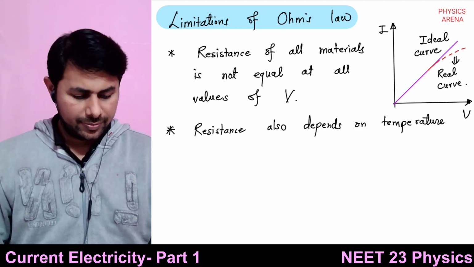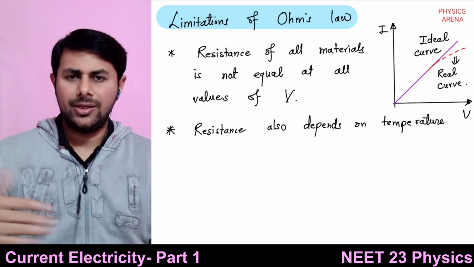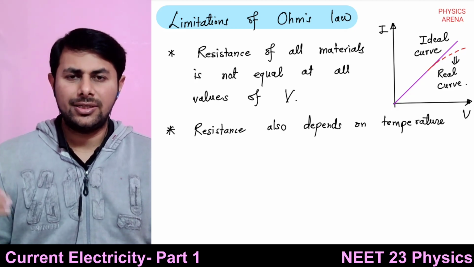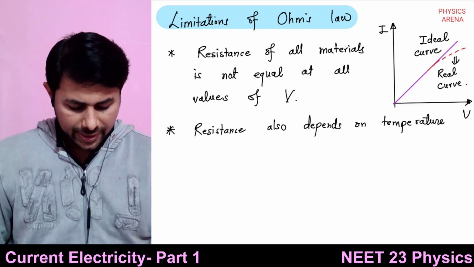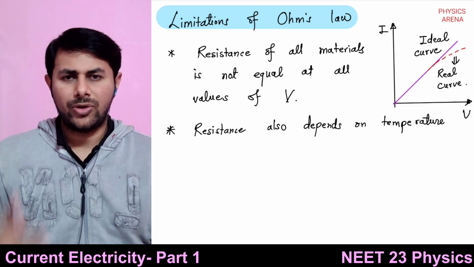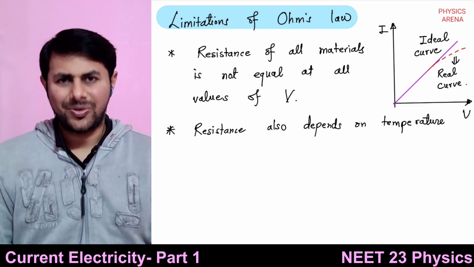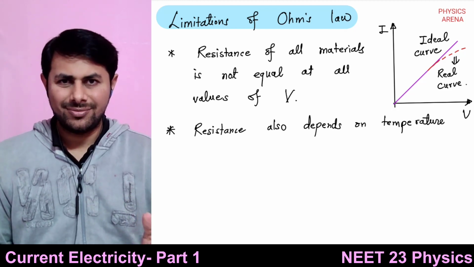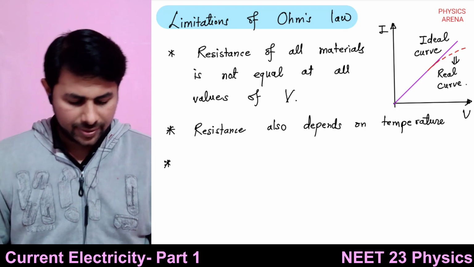Generally for metals, the resistance will increase as you increase the temperature. So that means the resistance is not constant. So for different temperatures, you will get different current for the same potential difference applied, right? So this is another thing.